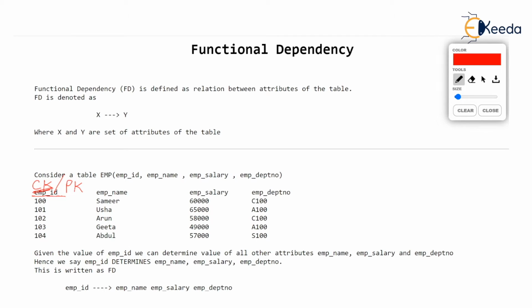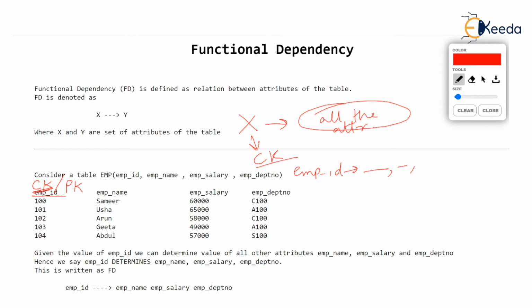If X is able to determine all the attributes of the table, all the attributes, then X is called candidate key. So here EMP ID alone is able to find out or determine name, salary, and department number. Alone EMP ID is able to determine all other attributes. Then EMP ID is candidate key, isn't it?